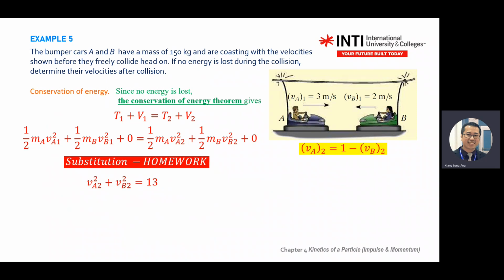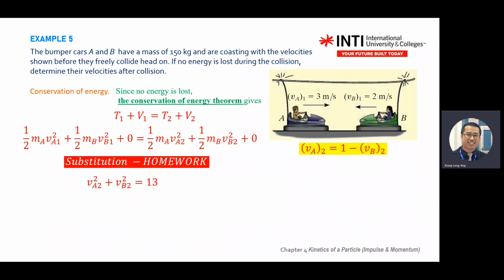This is a quadratic equation. Square each side. You have this equation and the equation on the right. Take this one, substitute inside here, and solve one of the parameters. Once you solve one of the parameters, substitute back and you get the other. This is substitution, or solving simultaneous equations, this one and this one.